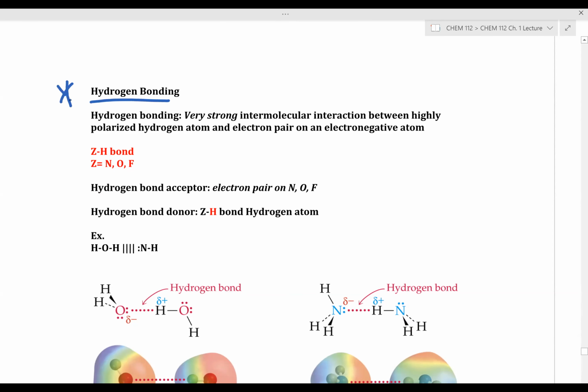I really want you to pay attention and always be on the lookout for hydrogen bonding effects, as it's often the reason why certain molecular conformations, certain molecular shapes, certain ion formations, certain ionizations are favorable.